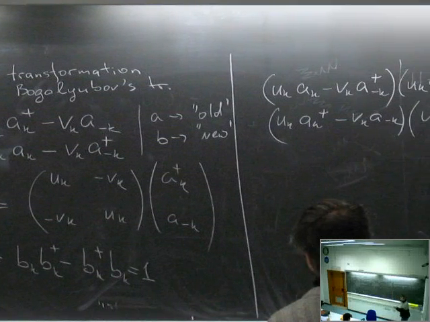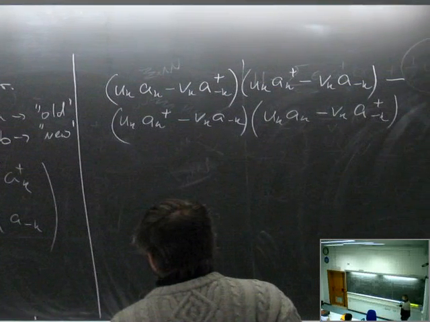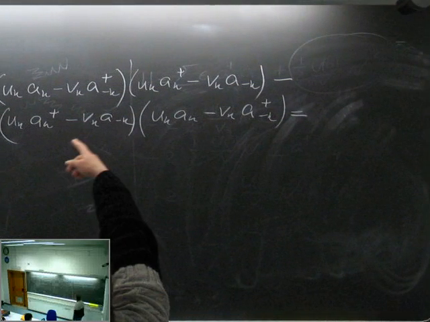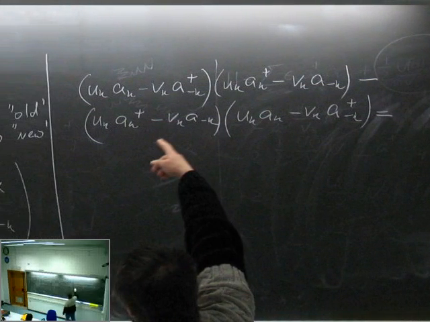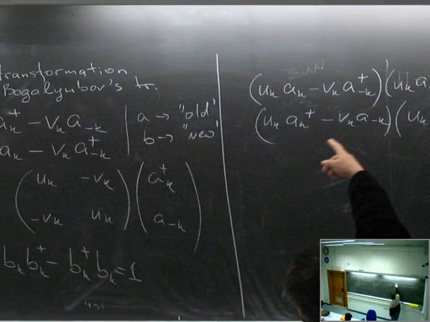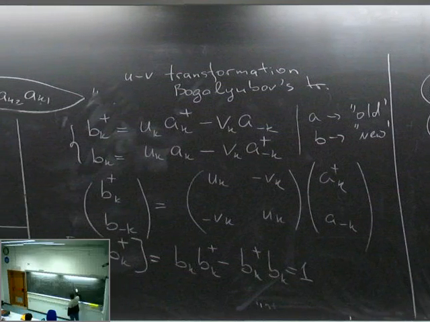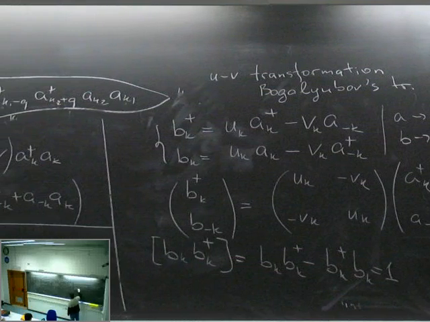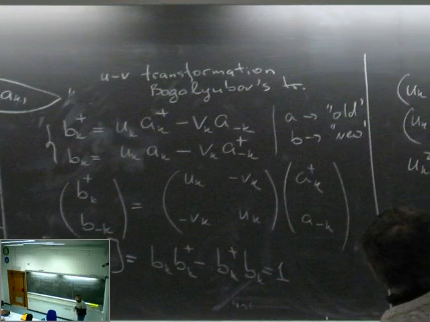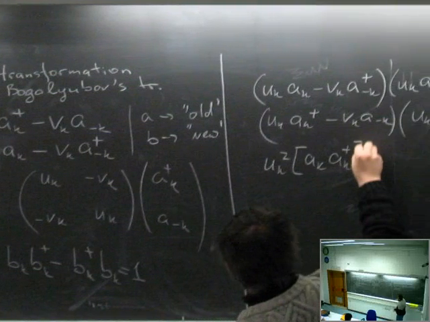Let me now transform and simplify it, and after simplification, I will write the equality that the left-hand side should be equal to 1. Okay, I'm collecting terms. U_k squared: I have a_k a_k dagger minus a_k dagger a_k, so I write the commutator, which we know is 1 by definition. My old particles are bosons, so this commutator is equal to 1.